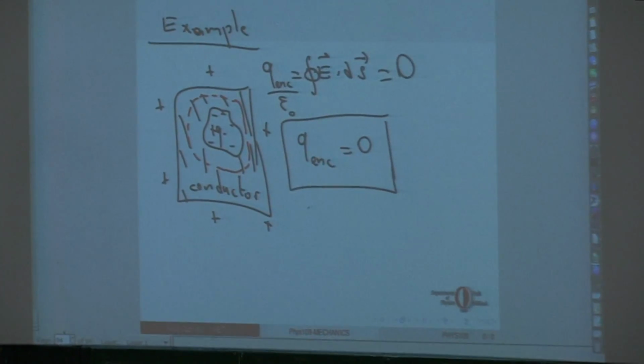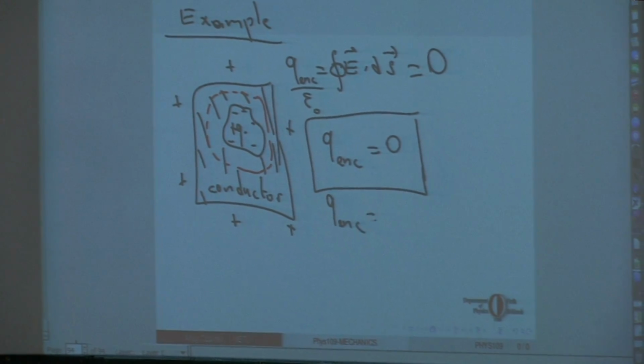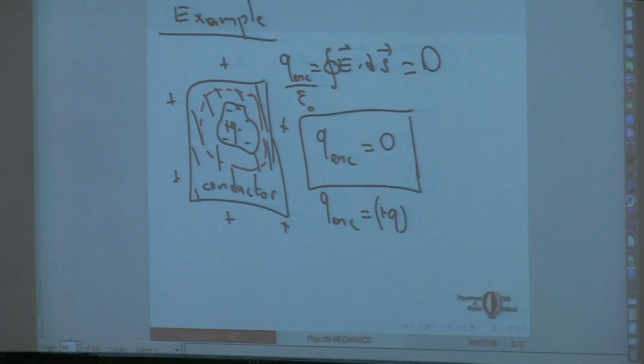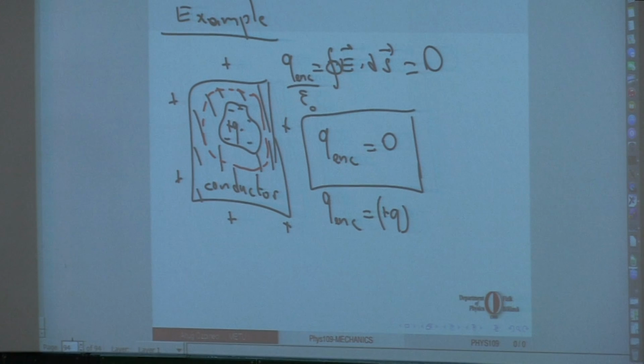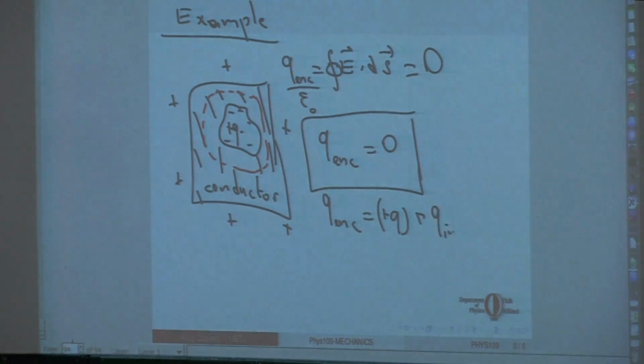And the Q enclosed is nothing but plus Q that we had put plus the induced charge on the surface. This should be equal to 0. So this tells me that the induced charge on the inner surface of the conductor should be equal to minus Q.